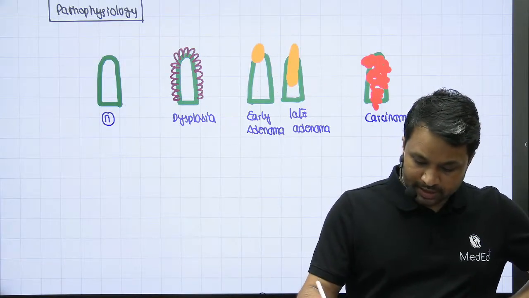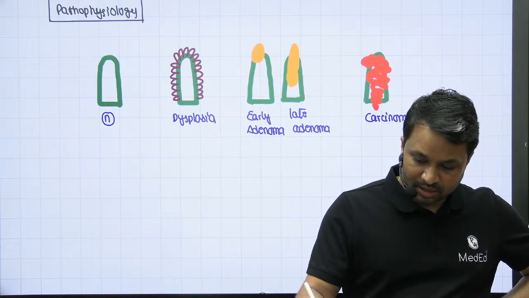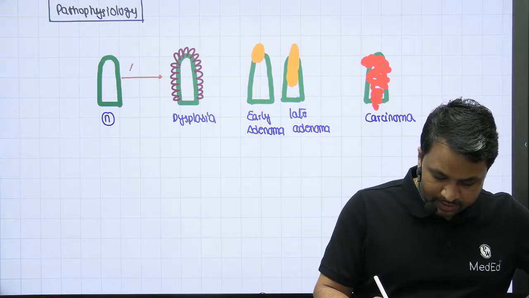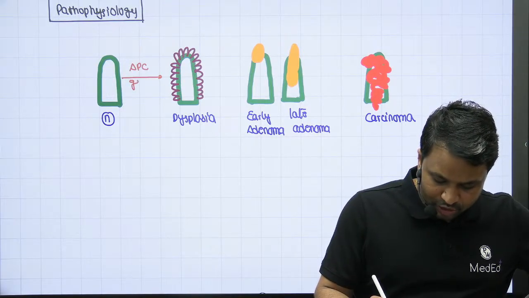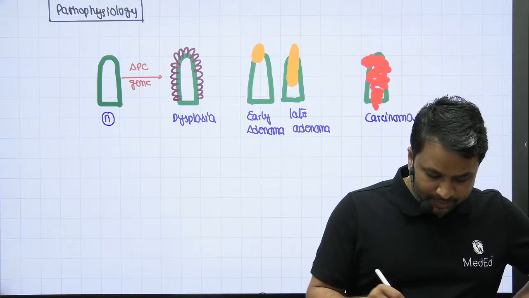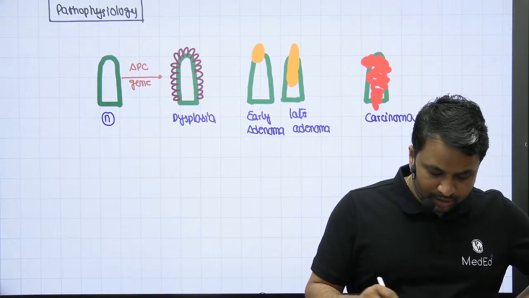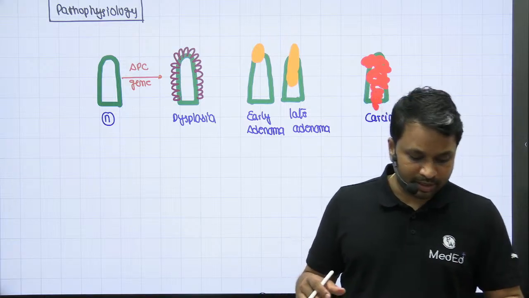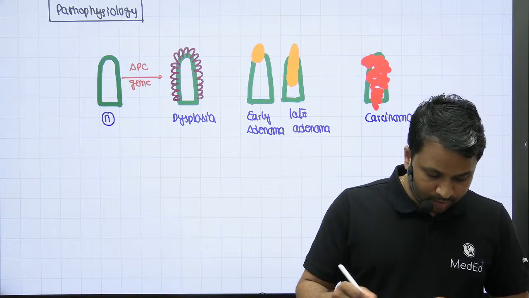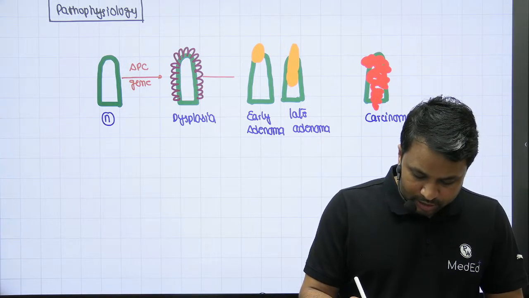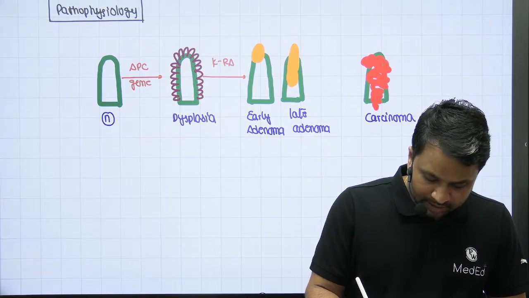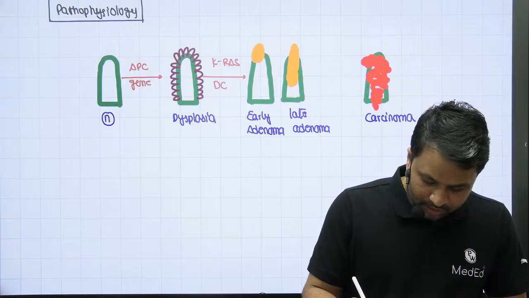Now what leads the whole journey? From a normal colonic epithelium to a dysplasia, it is because of APC gene mutation. From dysplasia to adenoma, the dysplastic lesion going from early adenoma, early to intermediate, and then to the late adenoma, the two genes responsible for this transformation are, one, your KRAS mutation, and another, your DCC.